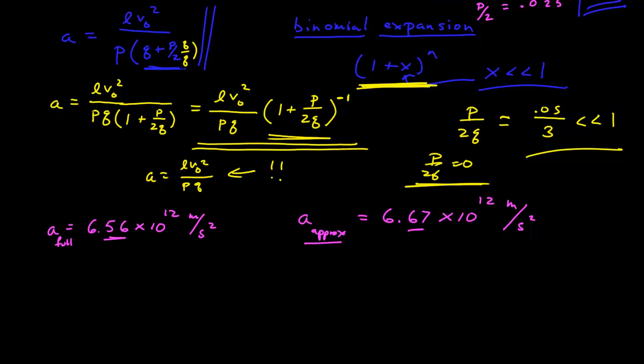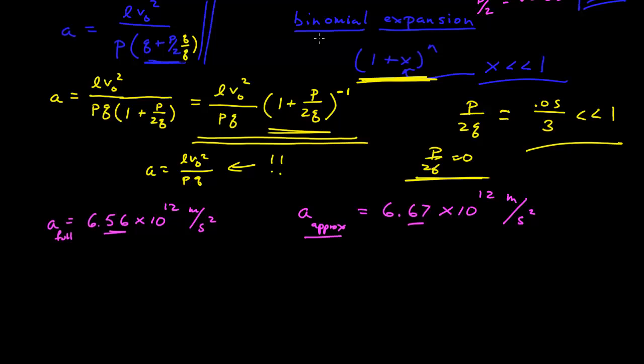So I'm going to end this one invoking the power of the binomial expansion. If you're not familiar with it, 1 plus x to the n, if x is very small, is approximately 1 plus nx.